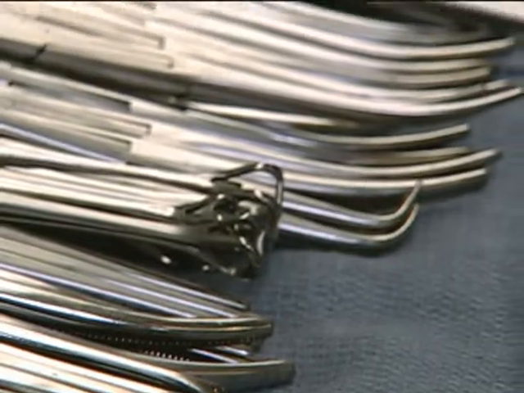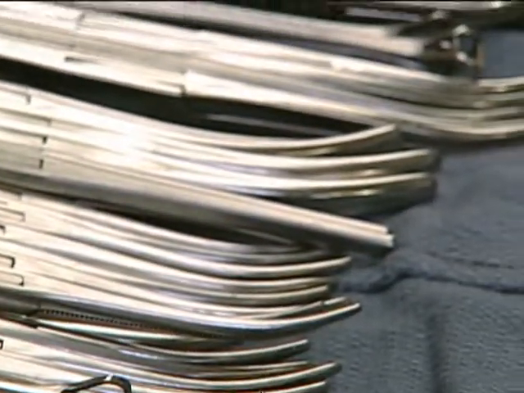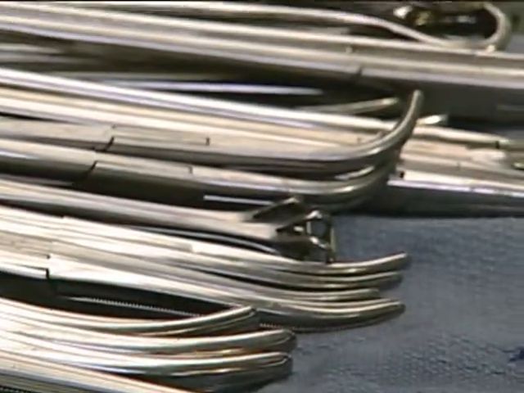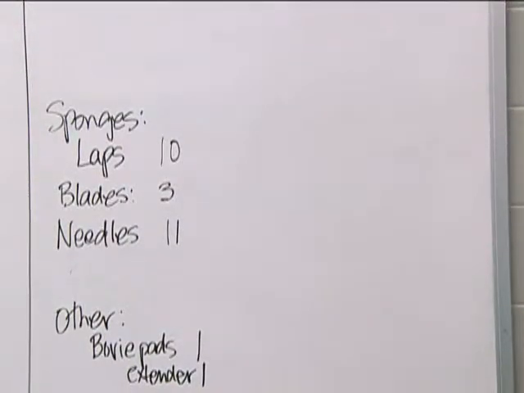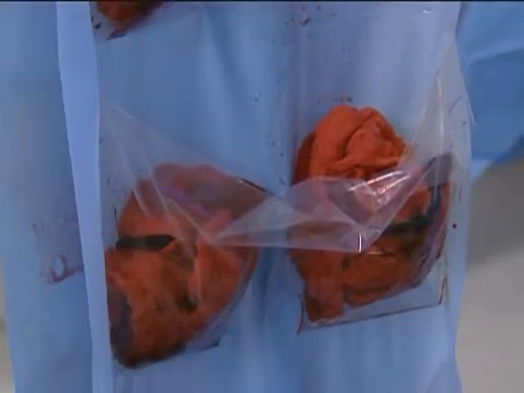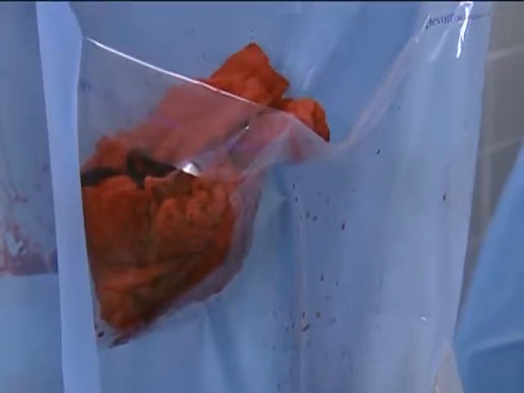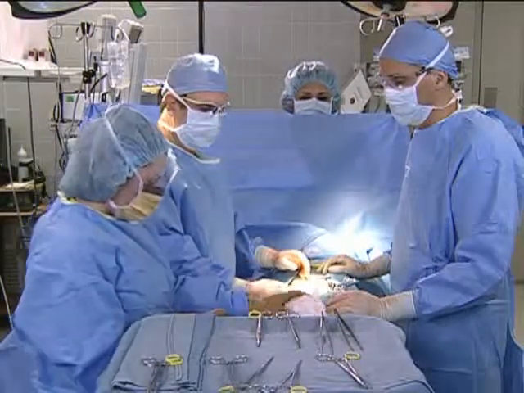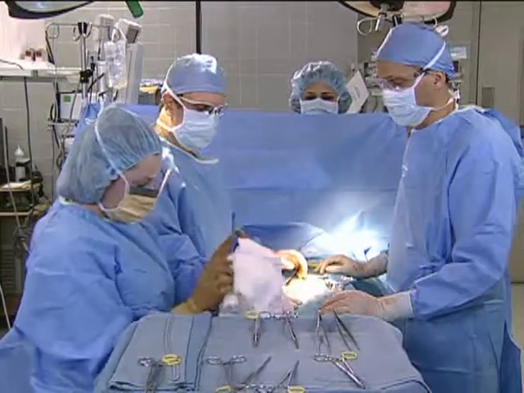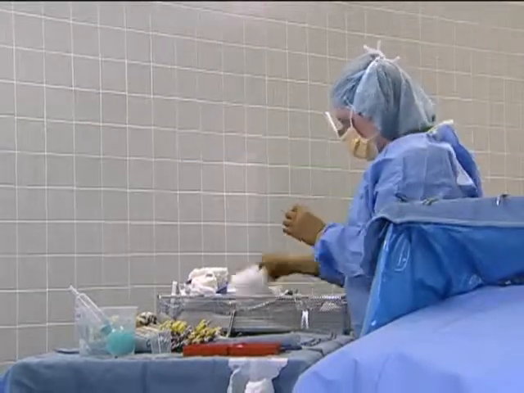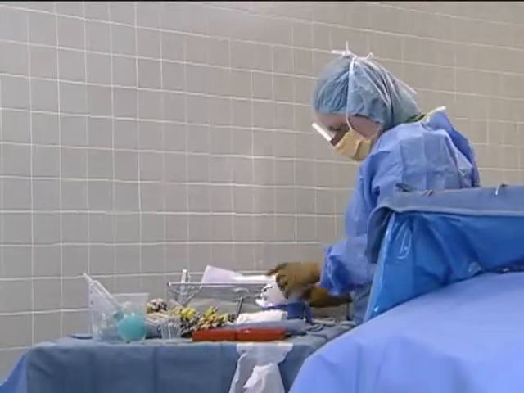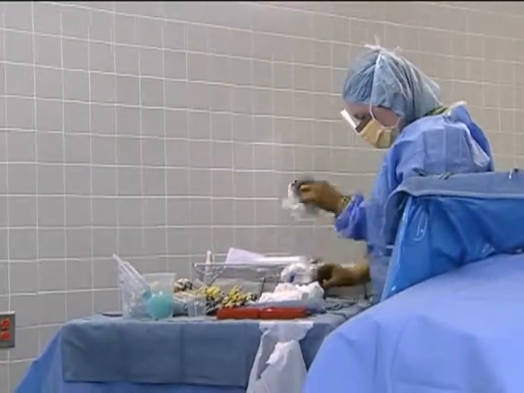Any additional instruments introduced to the surgical field during the course of the procedure should be added to the count sheet or listed on the whiteboard so each new item can be accounted for at the end of the procedure. While maintaining the flow of the operation, the surgical team cooperates with the scrub nurse and the circulating nurse to facilitate complete and accurate counting of all items on the surgical field.